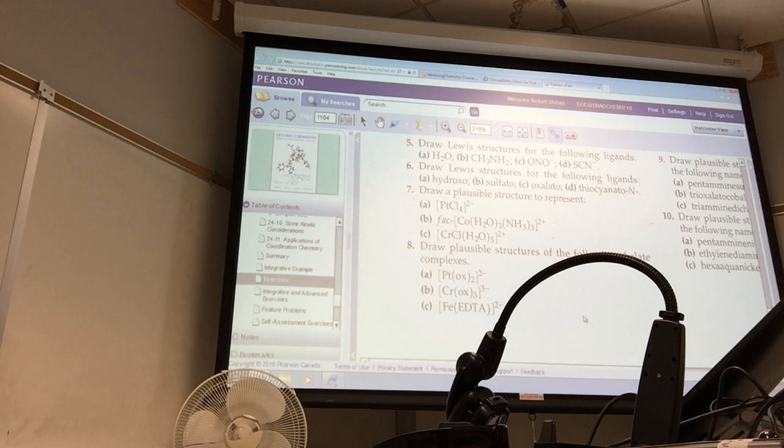So when I draw something like this molecule, what would we call this molecule? We have these two oxalate ions bonded, C2O4 2 minuses. Remember that we don't do anything with formal charge.